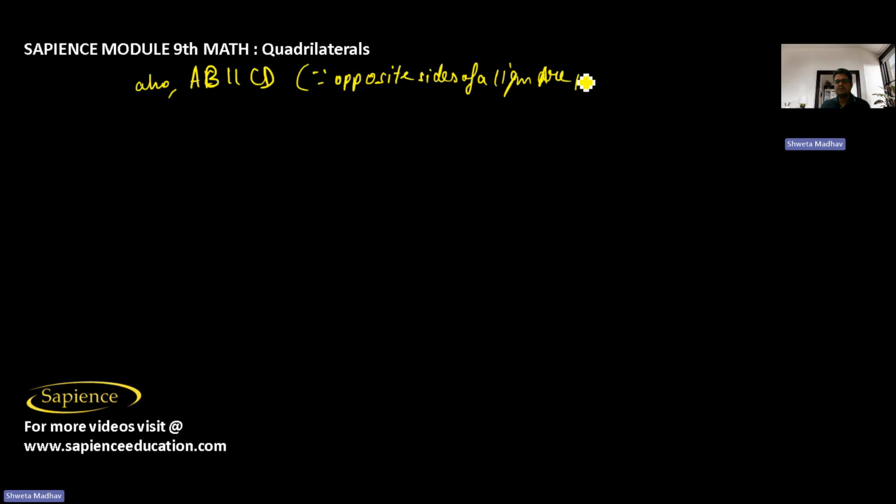So now, also we can say that AB is parallel to CD, since opposite sides of a parallelogram ABCD are parallel.